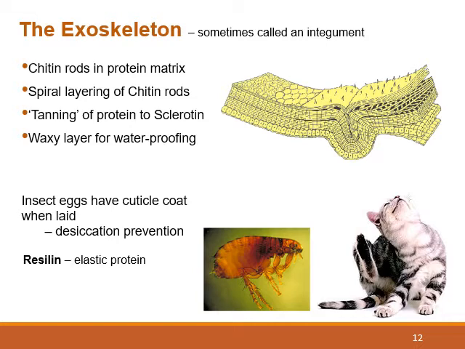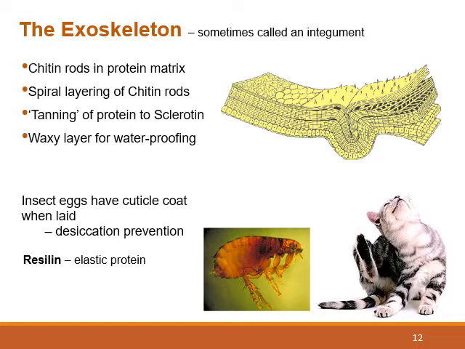Also, these exoskeletons go through this process of tanning a protein, which uses an enzyme to harden the protein in the exoskeleton. So that's just an additional way where you can get this increased resistance to tearing in the exoskeleton.